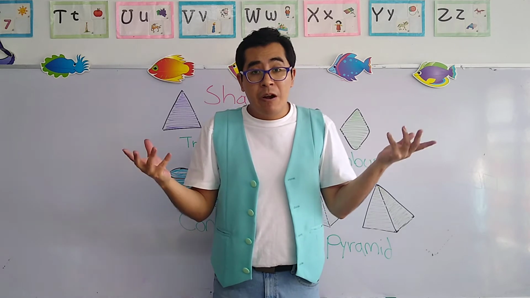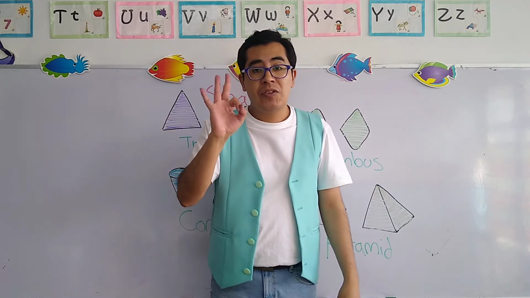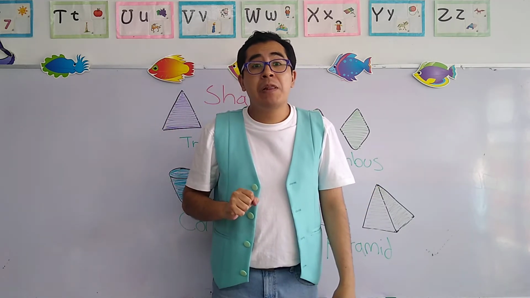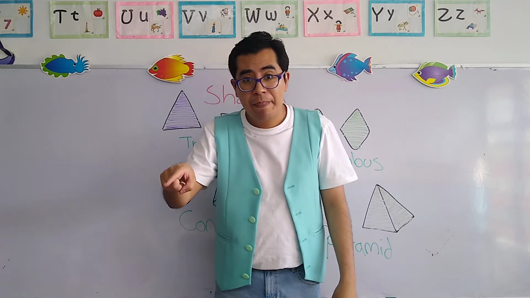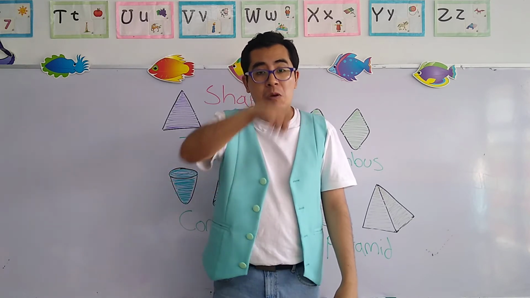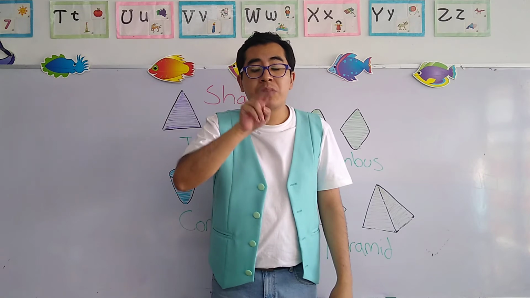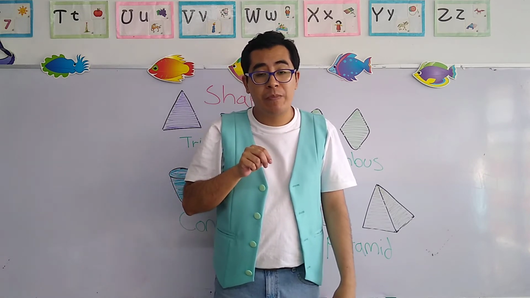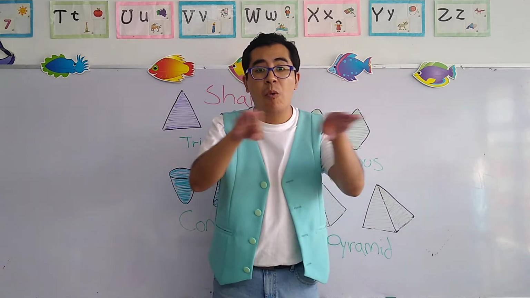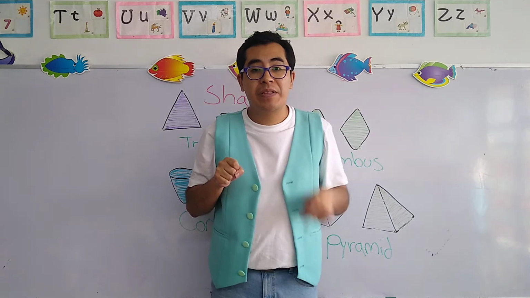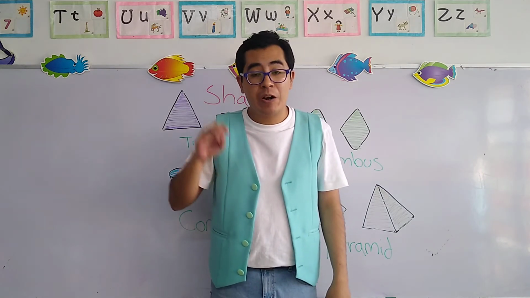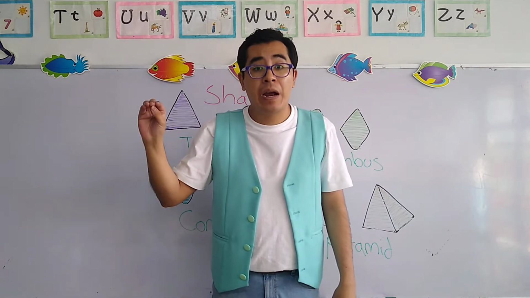What about the curves? Again, we had three examples. When the curve looks like an N, when the curve looks like a U, those types are also called semicircles because it's only one half. Solo es una mitad del círculo. Por eso we are going to associate it with a curve.